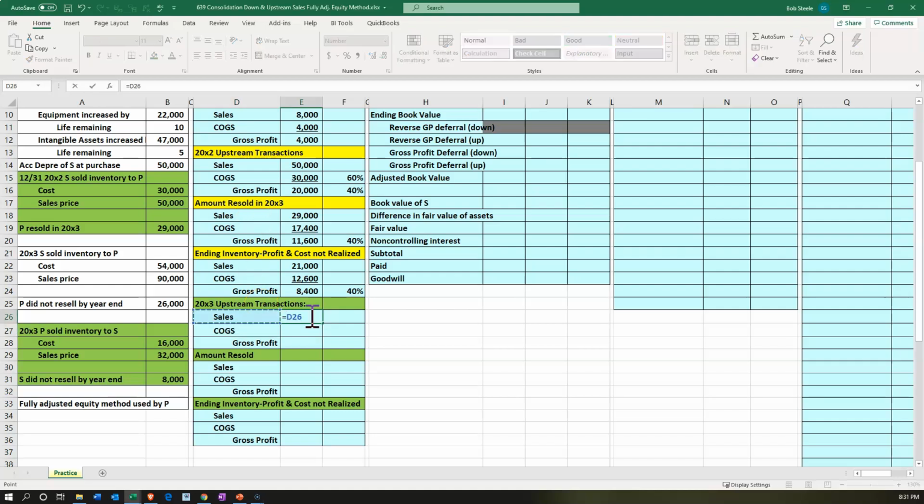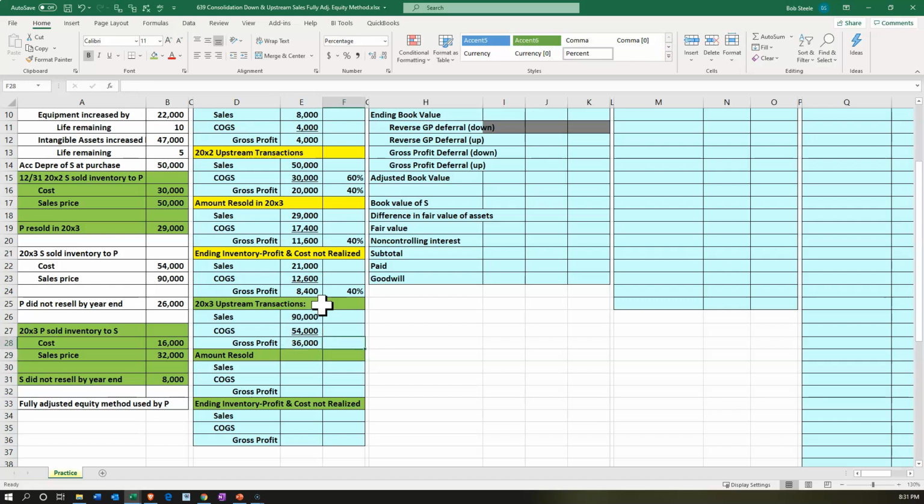So we're going to say that's going to be the 90,000. The cost of goods sold is going to be the 50. Then we're going to subtract those out. So this is going to be equal to the 90 minus the 50. Let's get the gross profit, 36 divided by the 90. Cost of goods sold over the sales, to pick that up as well, gives us the 60.